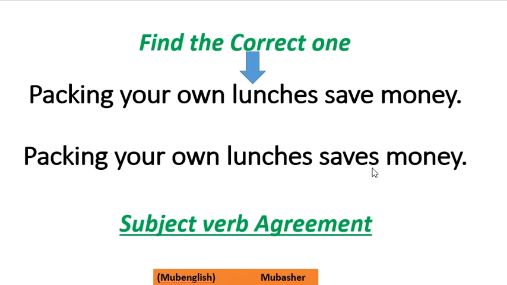Now think for a moment about which sentence is correct and which is incorrect. Then we'll move on to the next slide, and I'll let you know which one is correct and why, and which one is incorrect and why.